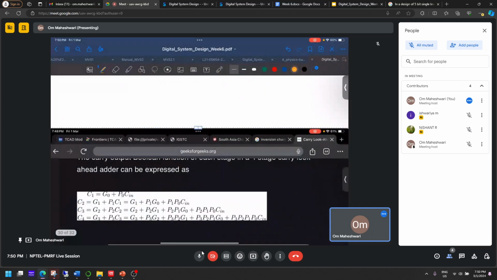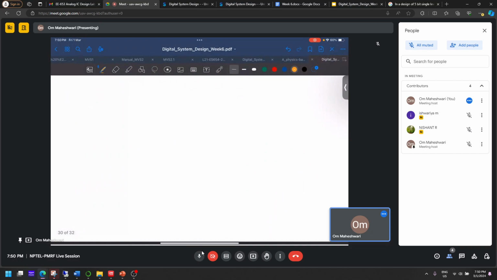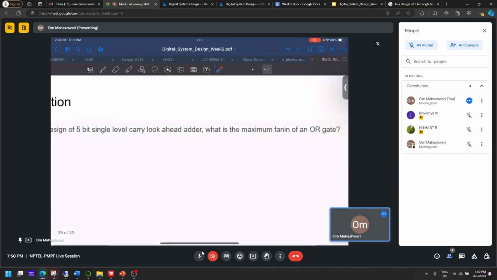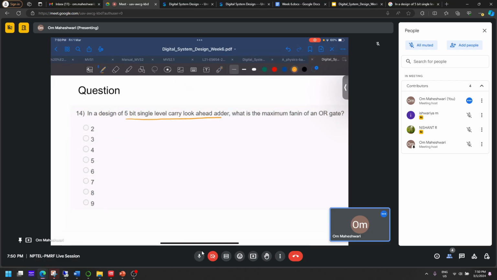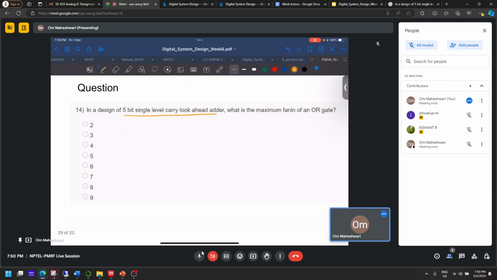So in this question, for a 5-bit single level carry look ahead adder, the maximum fan-in of an OR gate will be 5.